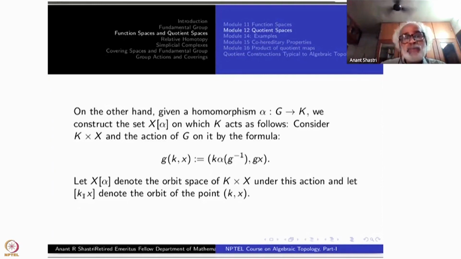For example, if I write alpha(g) inverse on this side and g on this side, it will represent the same element. So that is my X alpha. This alpha will already include what is K, because alpha is a homomorphism from G to K.